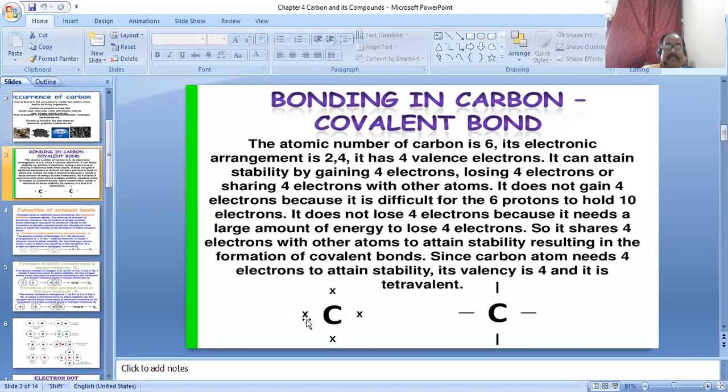Suppose this is valence electron 1, 2, 3 and 4, and these are bond 1, 2, 3 and 4. So 4 electrons participate in sharing by carbon, and if this carbon reacts with another element, suppose hydrogen, every bond holds one hydrogen, 1, 2, 3 and 4. So this is the tetravalency.